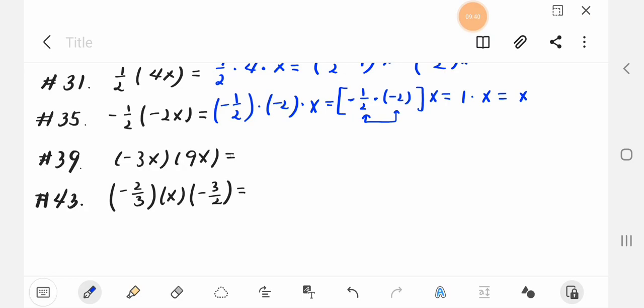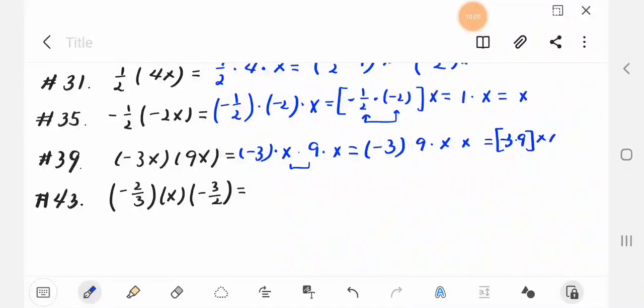Okay, number 39, negative 3 times x times 9 times x. Then put the numbers together, or interchange these two. Then 9 times x. Then put these numbers together, negative 3 and 9 together, x times x. Then this becomes what? Negative 3 times 9 is negative 27.